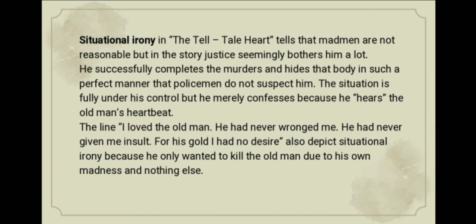The situation is fully under his control, but he merely confesses because he hears the old man's heartbeat. The line "I loved the old man. He had never wronged me. He had never given me insult. For his gold I had no desire" also depicts situational irony because he only wanted to kill the old man due to his own madness, nothing else.